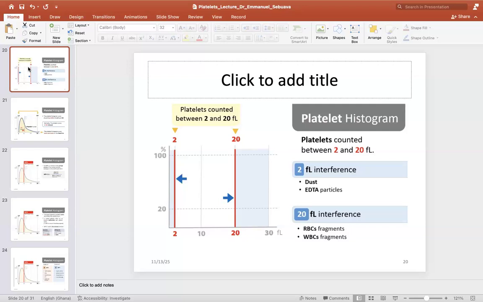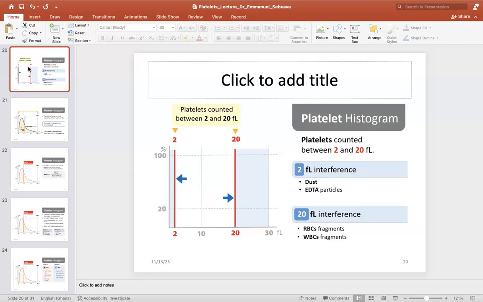in counting our platelets using the impedance method, there is a consideration of size. So platelets are measured between the size of 2 to 20 femtoliters.